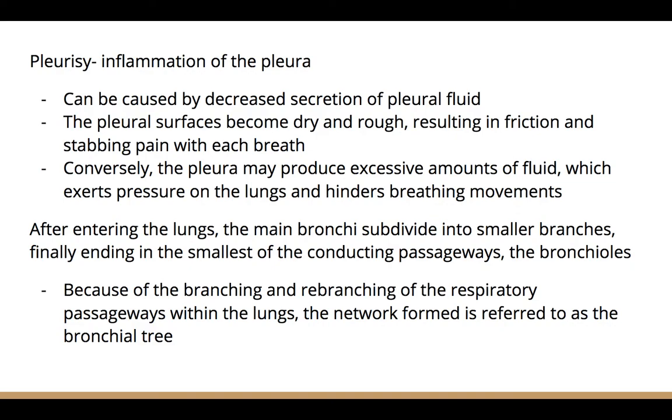After entering the lungs, the main bronchi subdivide into smaller branches, finally ending in the smallest of the conducting passageways, the bronchioles. Because of the branching and rebranching of the respiratory passageways within the lungs, the network formed is referred to as the bronchial tree, which kind of makes sense because we were talking about branches before.